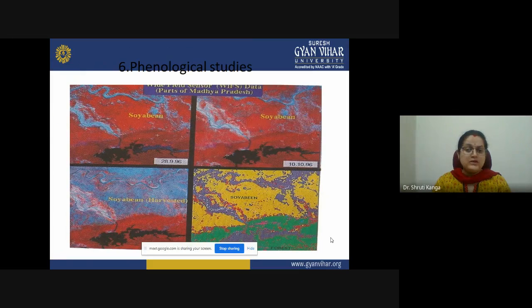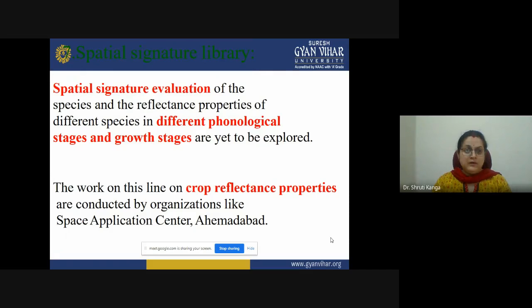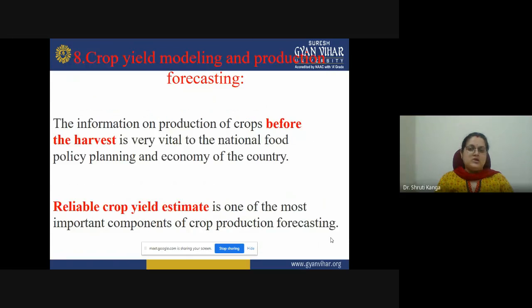Then phenological studies can also be done. Then the spectral signature library can be evaluated, and then we can explore different crop growth stages and plan different management strategies.